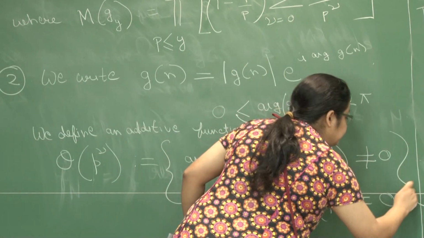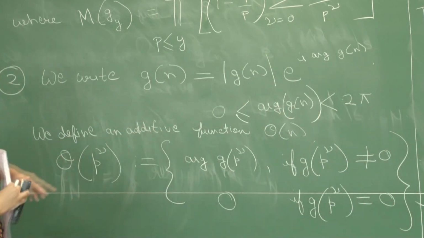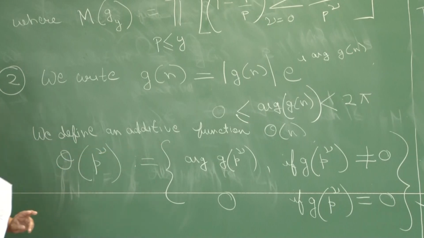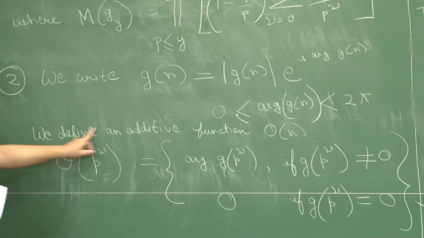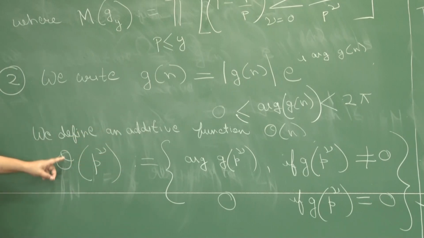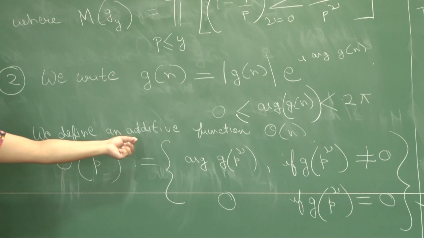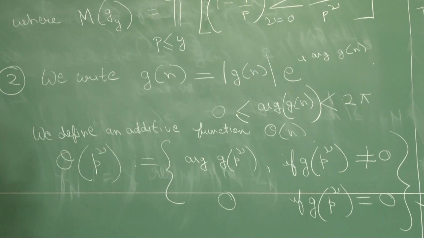So, suppose you have a function which you define at prime powers in this way, you can then consider a more general additive function coming from the corresponding function defined at the prime powers, okay.